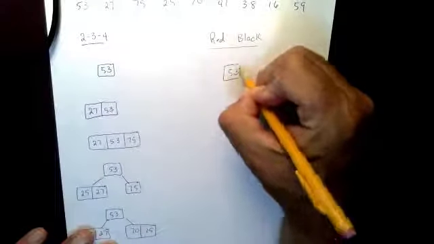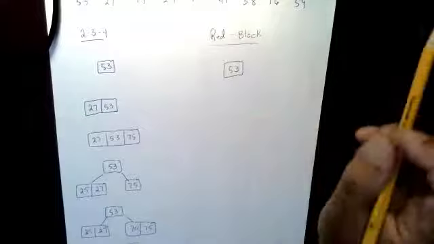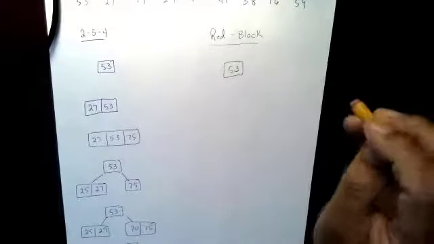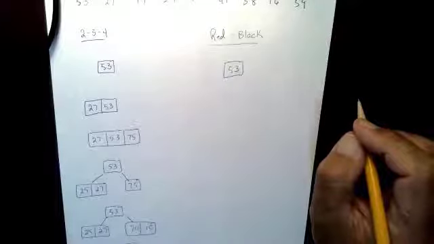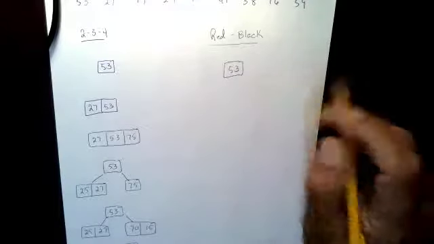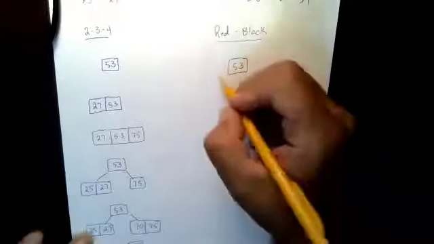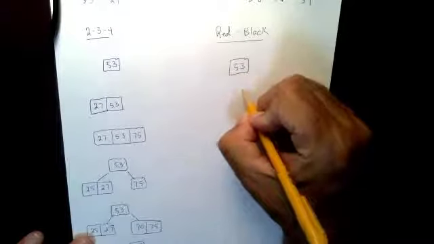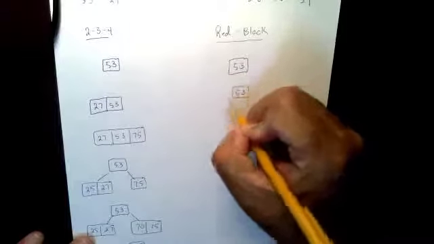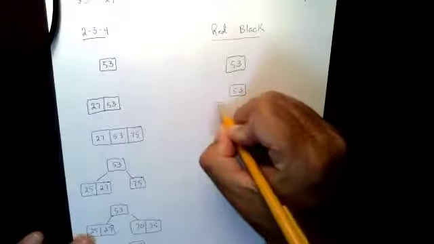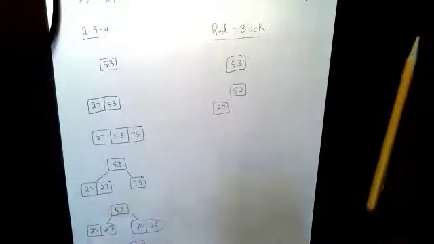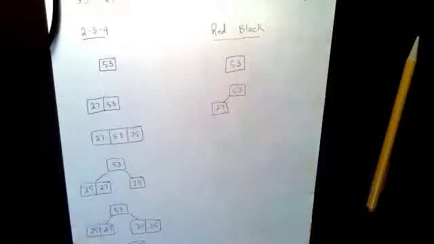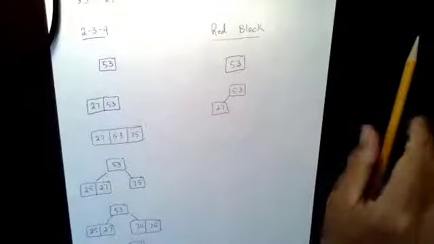And I just add 53. My second node is 27. Where do you want it to go? Left or right? Left. Yeah, it's going to have to go left. So now I'm going to have a 53 and a 27 to the left. And it has to be connected with a red because they're siblings.